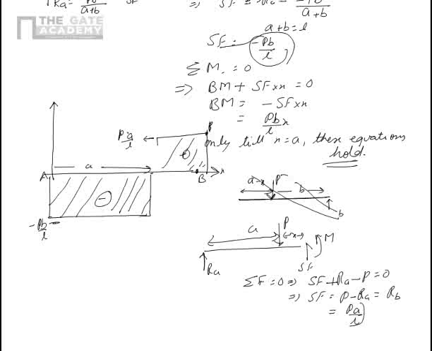Now, similarly, I write the equation of bending moment, sigma M. Now, at this section, I can write the moment about any point I want. Let's say I write about this point only. Sigma M about A is equal to 0. That leads me to the bending moment BM plus the shear force into x plus A minus PA is equal to 0.